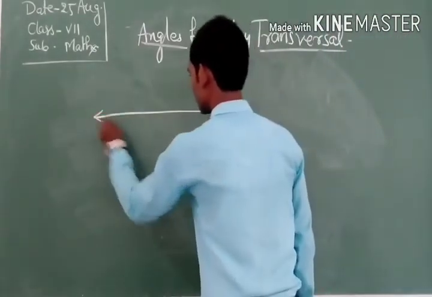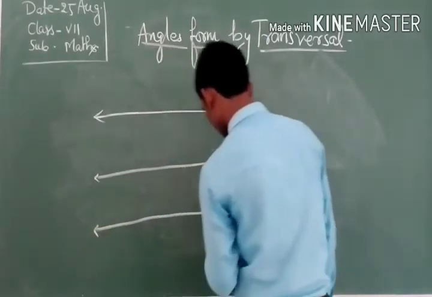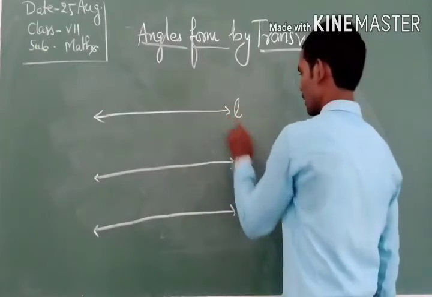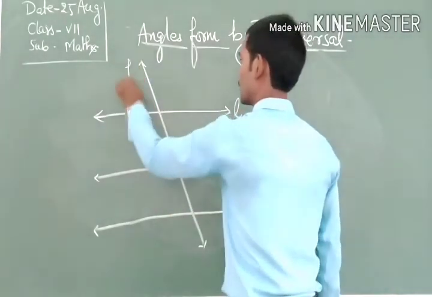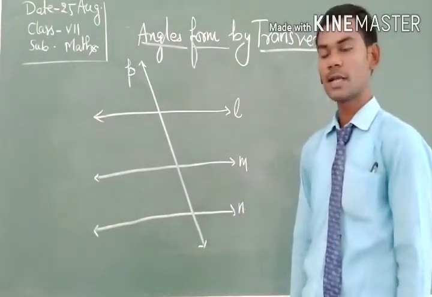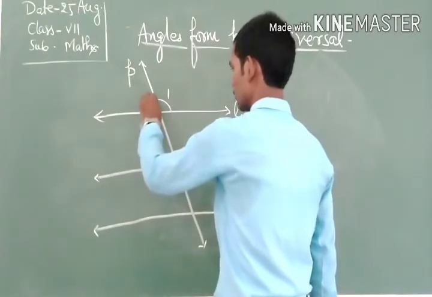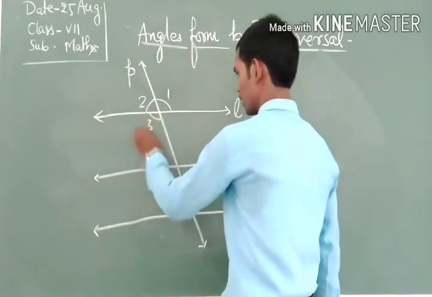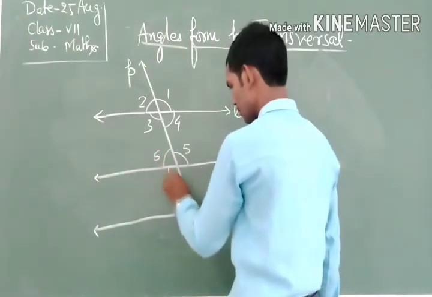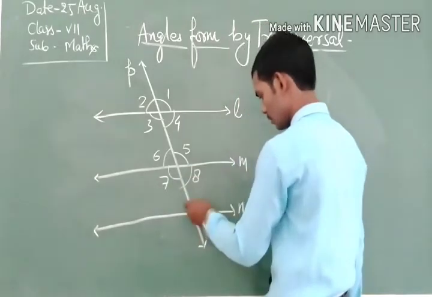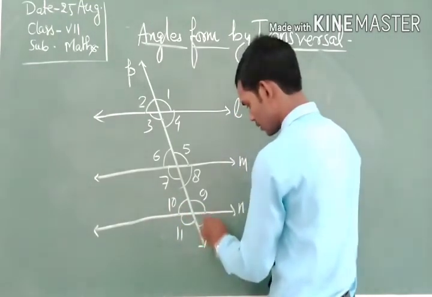If there are three lines given, that is L, M, N, and this is the transversal line which is denoted by P, then the angles formed by the transversal line are angle 1, angle 2, angle 3, angle 4, angle 5, angle 6, angle 7, angle 8, angle 9, angle 10, angle 11 and angle 12.